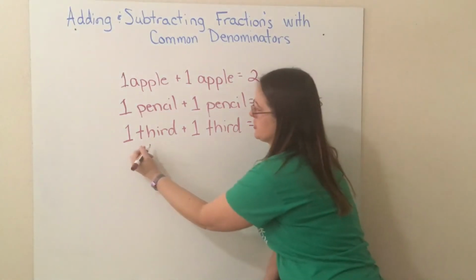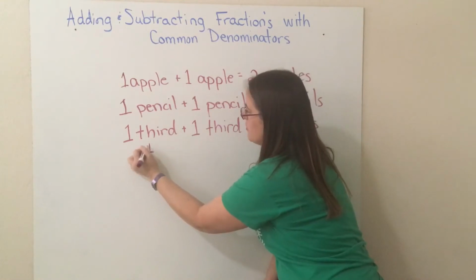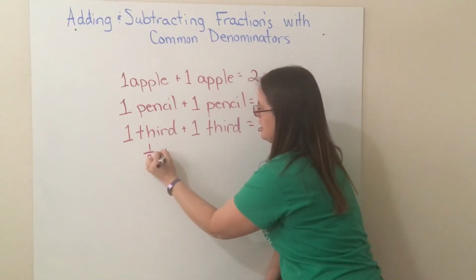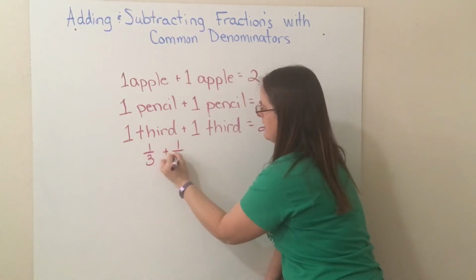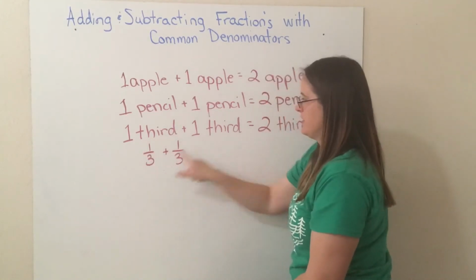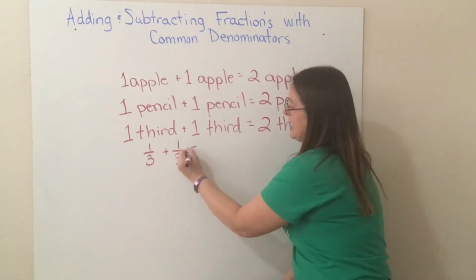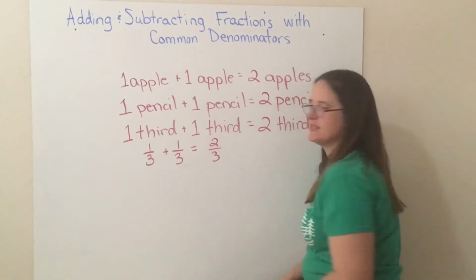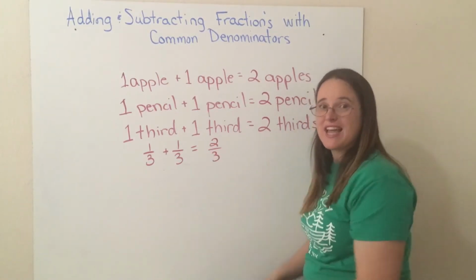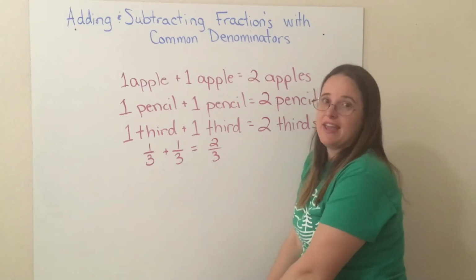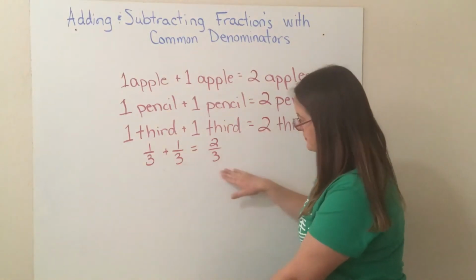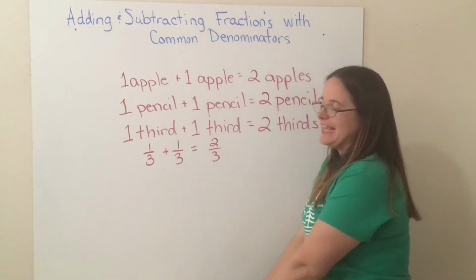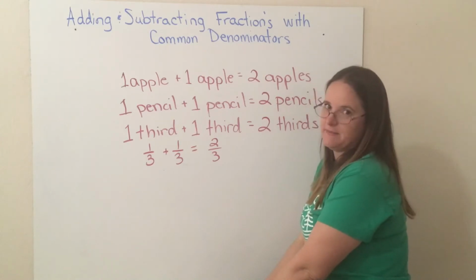I'm going to change it and show you what it looks like as a fraction. 1/3 plus 1/3. There's my 1/3. Here's my other 1/3. Equals my answer, 2/3. Okay? You just added fractions, a 4th grade Common Core standard. 1/3 plus 1/3 equals 2/3.